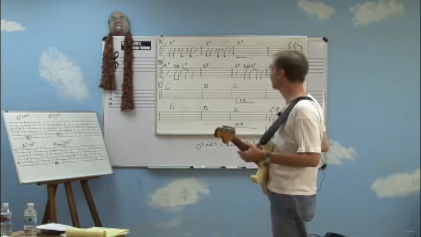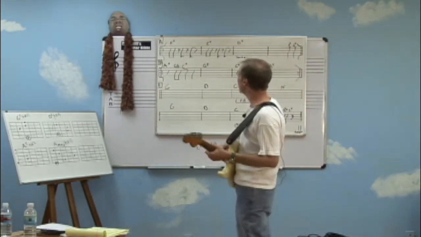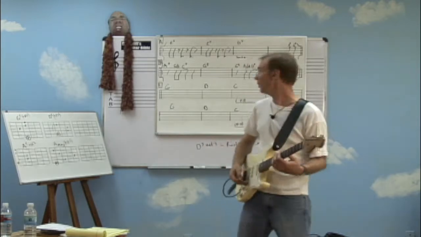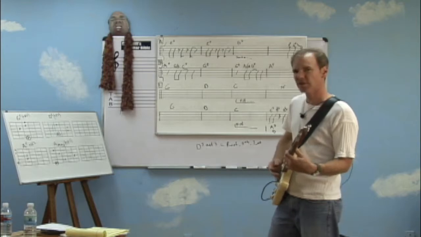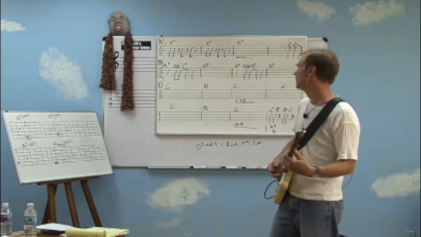I think they are. Okay, so we're going to start off with a little riff here, just a simple one. This is going to be played as a shuffle on my groove here.